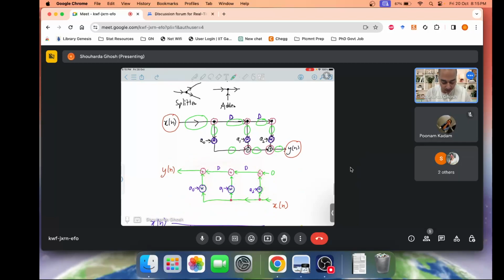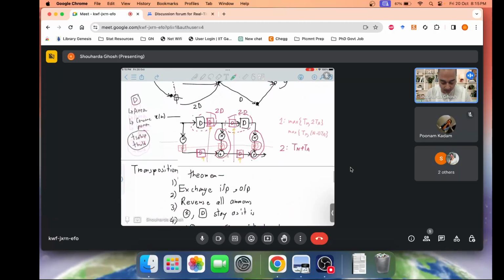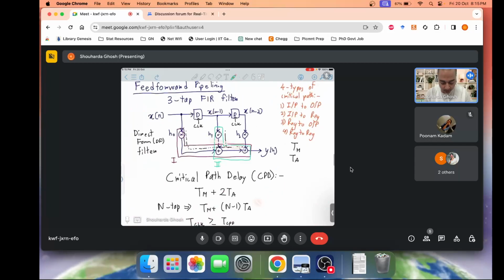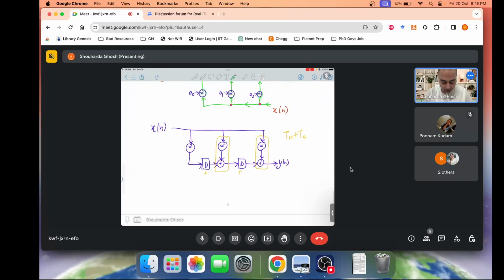But rather than having all the arrows in the same line in series, as in the earlier case, here the arrows are intervened by delay registers. That especially reduces our critical path delay.